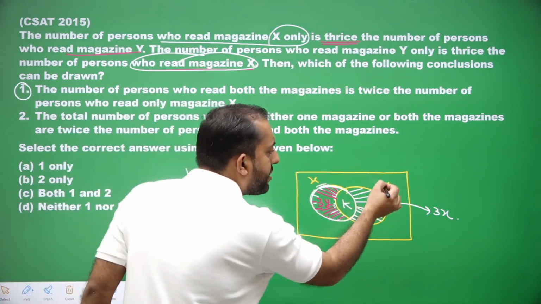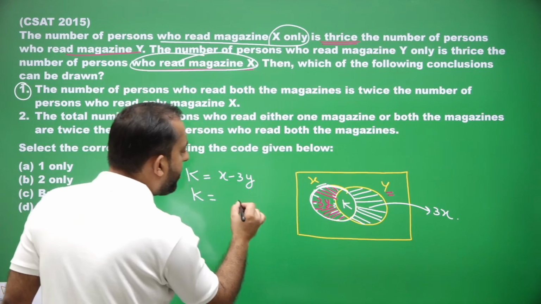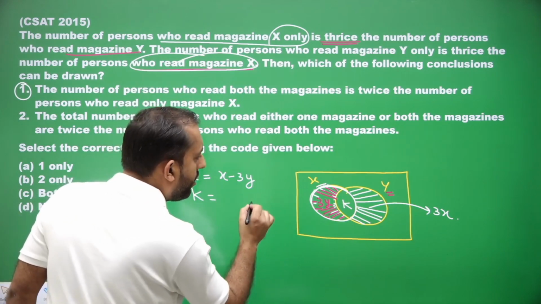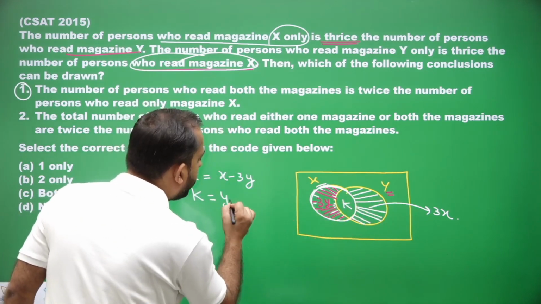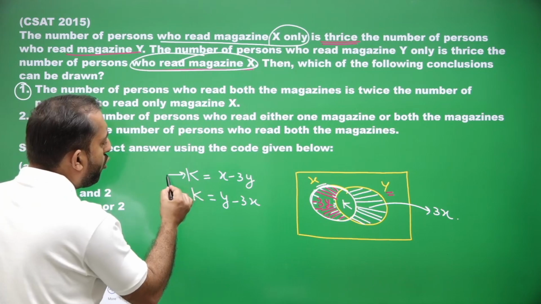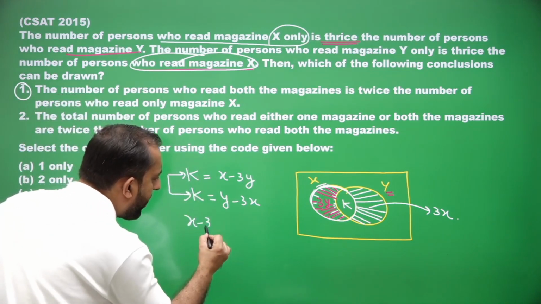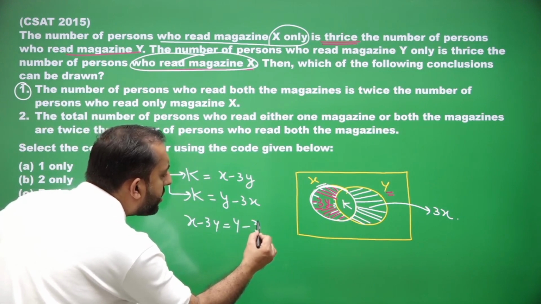And if we pay attention to this circle Y, the value of K from there can be equal to what? The value of K can be equal to Y minus 3x. Now, the left-hand sides of both equations are the same, so X minus 3y should equal Y minus 3x.